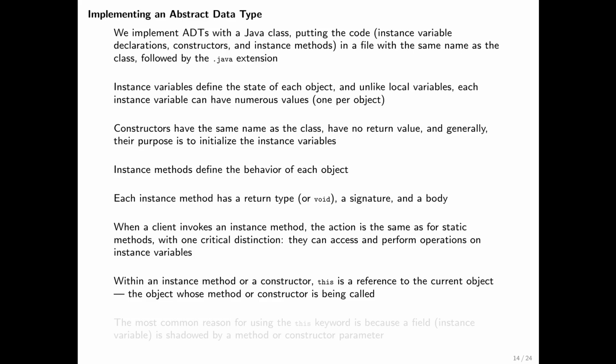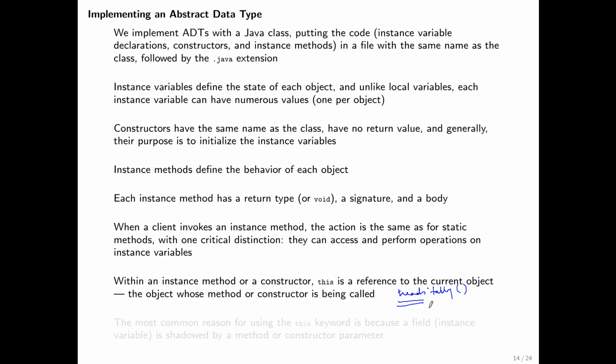Okay, so for example, when you say something like heads dot tally, then the tally instance method is being called on the heads object. So it's heads that is the object that is being manipulated. All right. So in this case, inside of tally, this refers to heads. It's a pointer to heads.